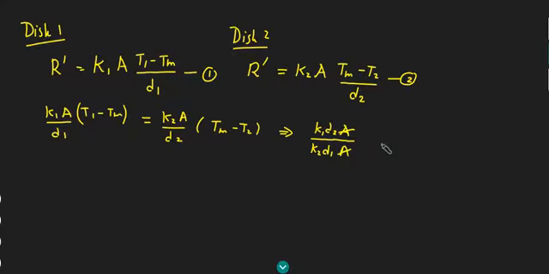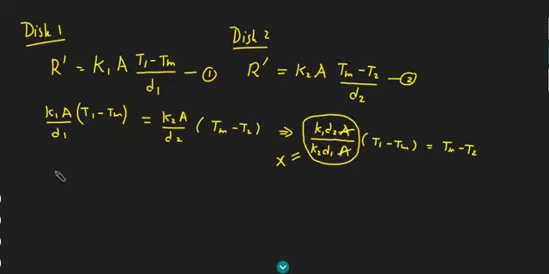And then on the left hand side I'll have T1 minus Tm, and on the right hand side Tm minus T2. Now for easiness of simplifying the algebra, let me call this part x. Later on we'll substitute back this expression for x, but for now let's use x so that it becomes much simpler solving this problem.